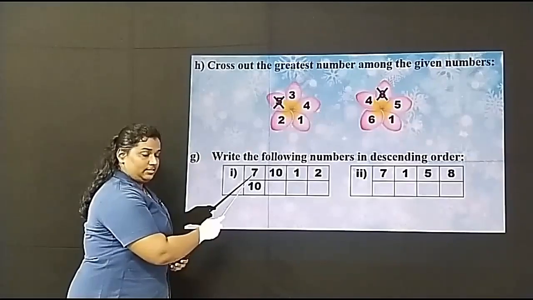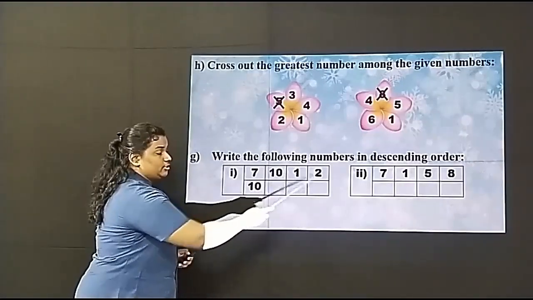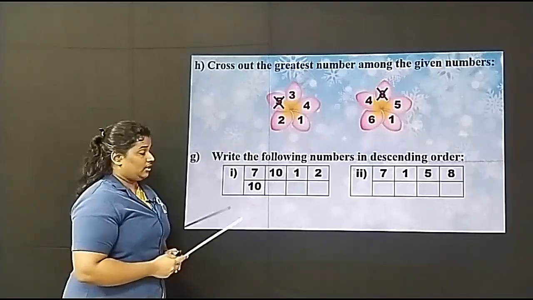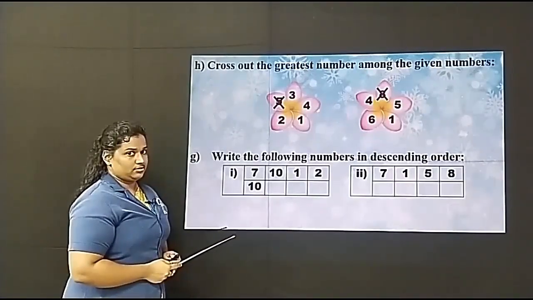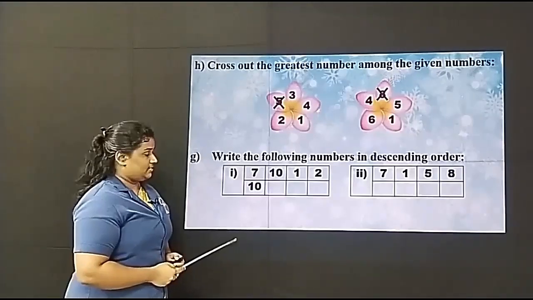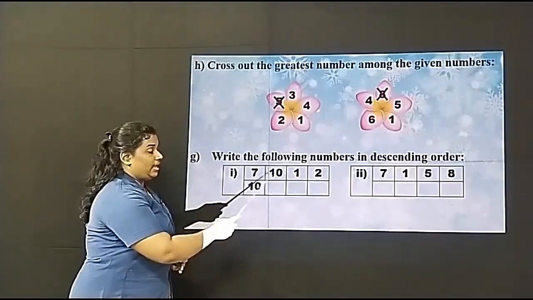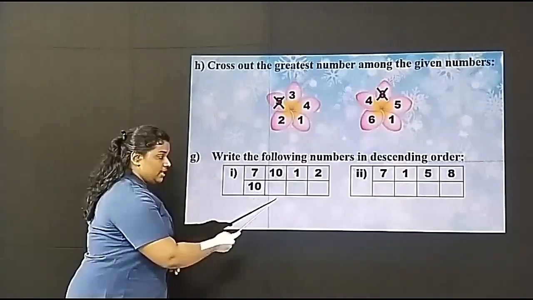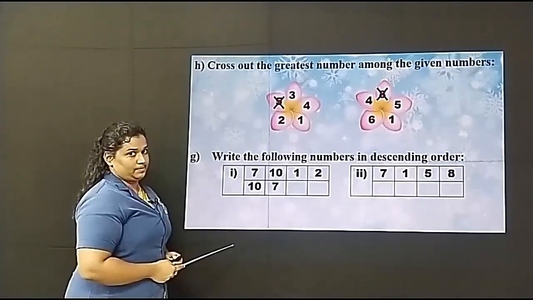Now we have 7, 1 and 2. Among these three, which is greater? Yes, 7 is greater than 1 and 2. So 7 comes in the next place.